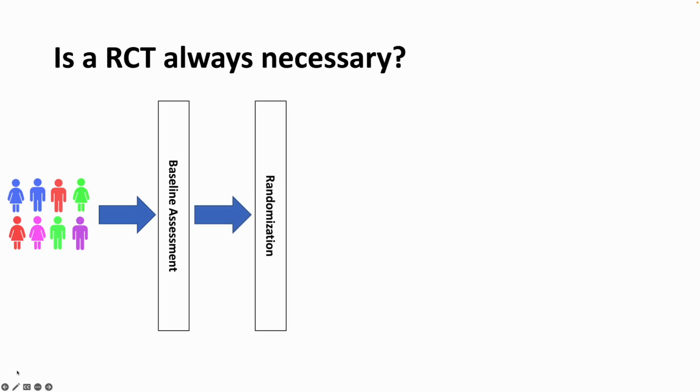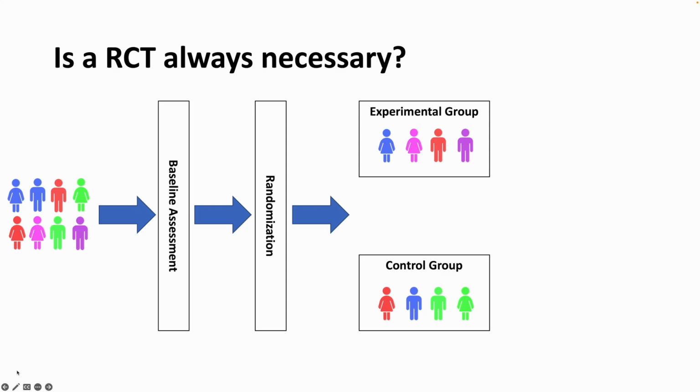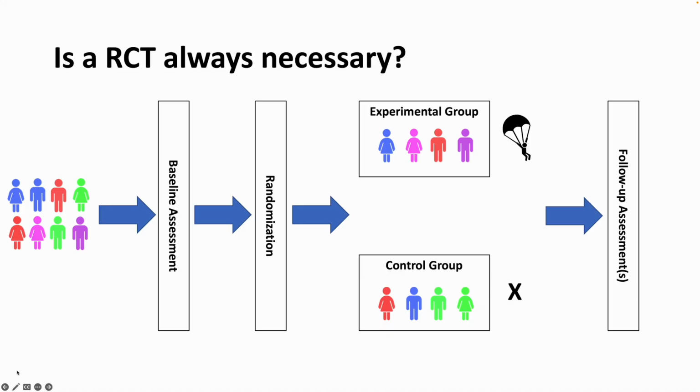Yes, they're alive. Then I would randomize them into one of two groups, and then I'd look experimentally at whether the group with the parachute versus the group with the control were more likely to die from jumping out of an airplane. Now, this seems like a very obvious example of something like, why would we ever do that? Of course, individuals who have a parachute are more likely going to survive than individuals who don't have a parachute when jumping out of a plane.